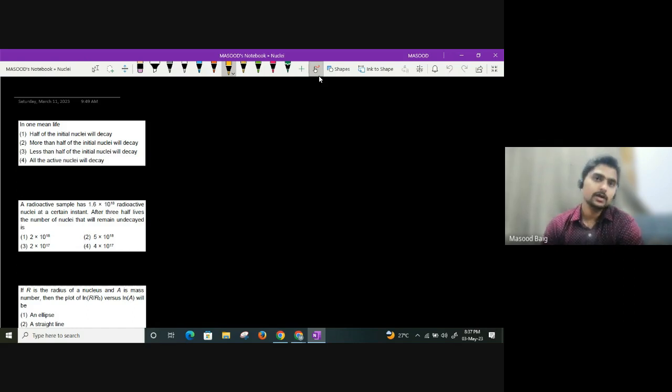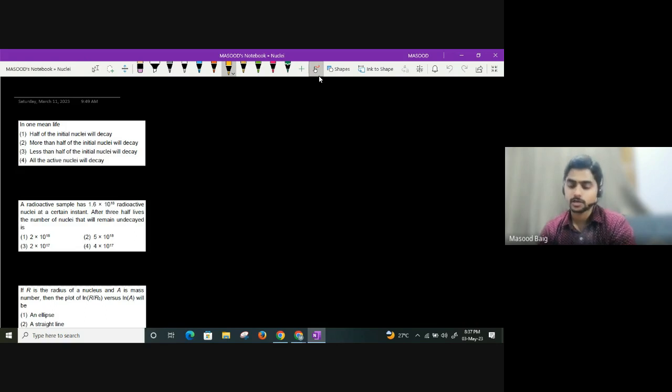Then there is nucleus, properties of nucleus, nuclear force, properties of nuclear force, binding energy, and binding energy curve. That is one part, which is the introduction of nucleus. The second part is radioactive decay, law of radioactivity. The third part is nuclear reactions and types of decay. So these are the questions.